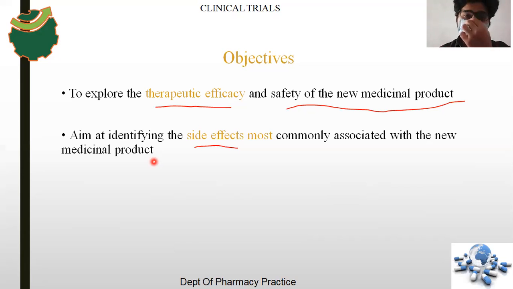Like we say, in phase 1, the objectives are safety, tolerability, PK/PD, right? When you're dealing with single dose ascending or multiple dose ascending studies, at one point of time you are increasing the dose.